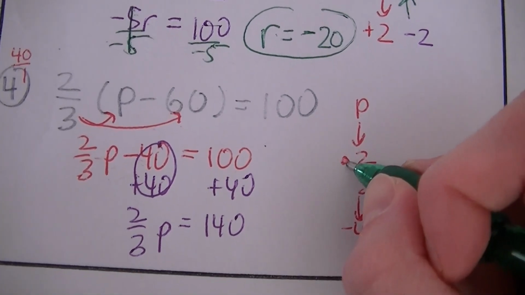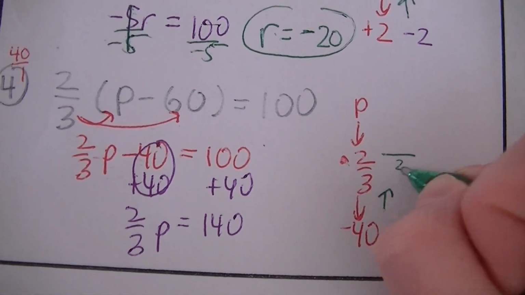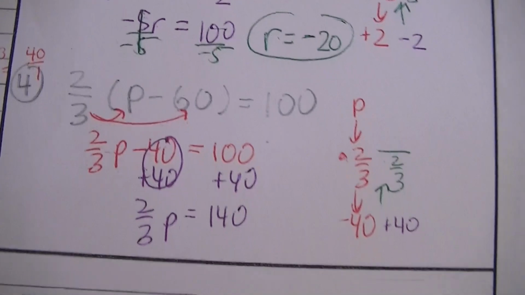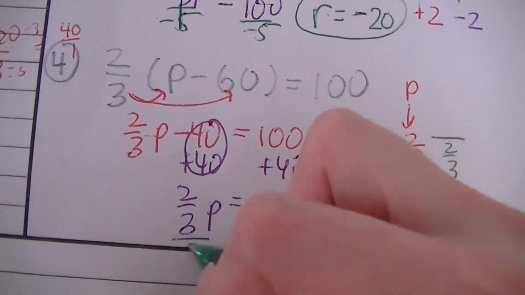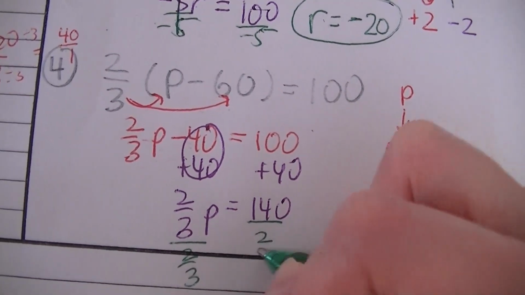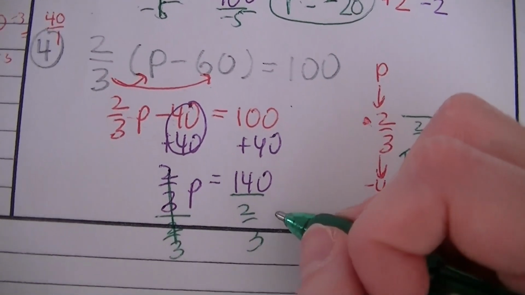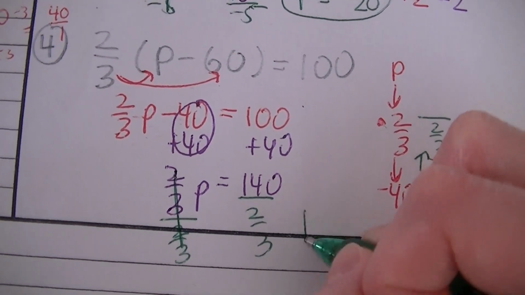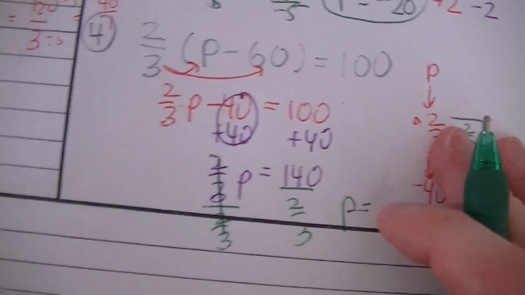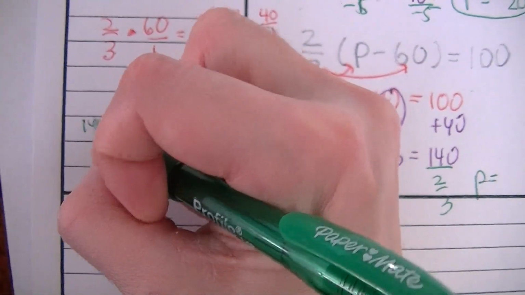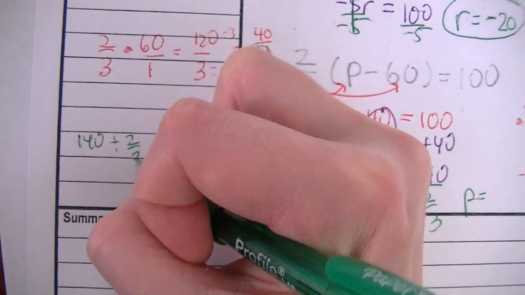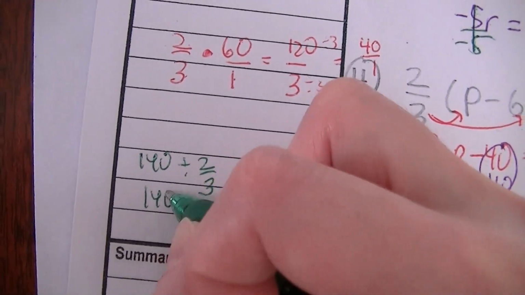Inverse operation of times 2/3 is to divide by 2/3. So we're going to go ahead and divide by 2/3, divide by 2/3. 2/3 divided by 2/3 is 1. 1 times p is 1p, or p. And then 140 divided by 2/3. Keep, change, flip.